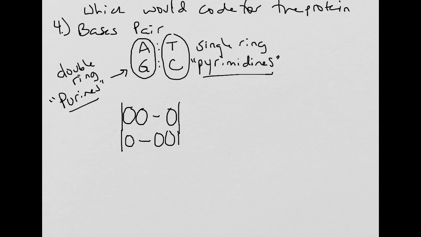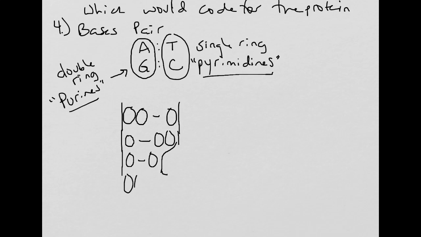If we accidentally, and it happens, paired two single rings, what would happen to the width of our DNA? It would change, right? Or if we put two purines next to each other, I didn't make those wide enough to really exaggerate what would happen there.